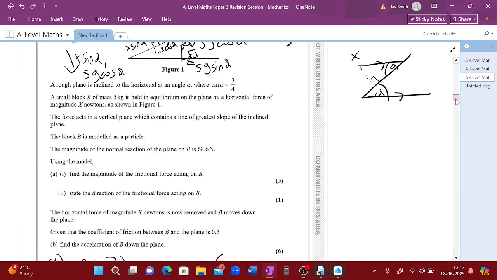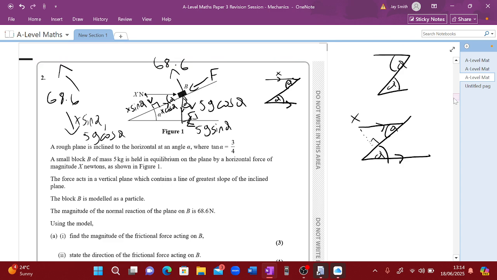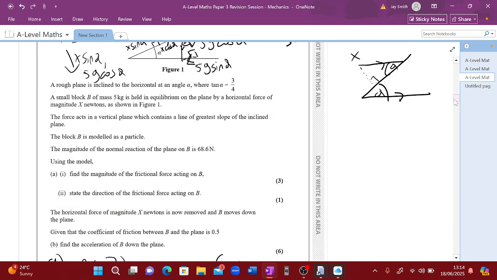Okay, so I'm going to need to deal with the cos and the sine alpha. Again, this is a very common trick as well. We know that tan alpha is 3 over 4, so we need to construct a triangle. Okay, so that's alpha. So the tan alpha, remember SOHCAHTOA, TOA, we want opposite over adjacent. So the opposite is going to be 3, and the adjacent part 4.